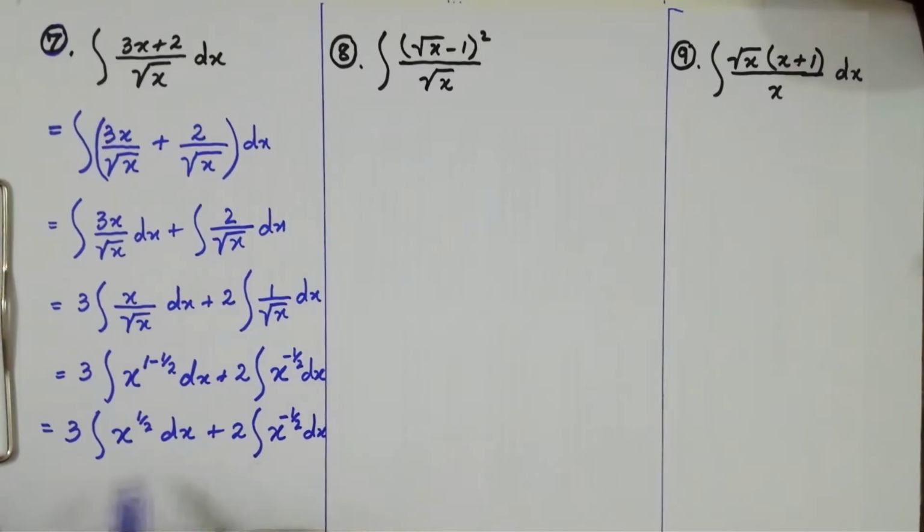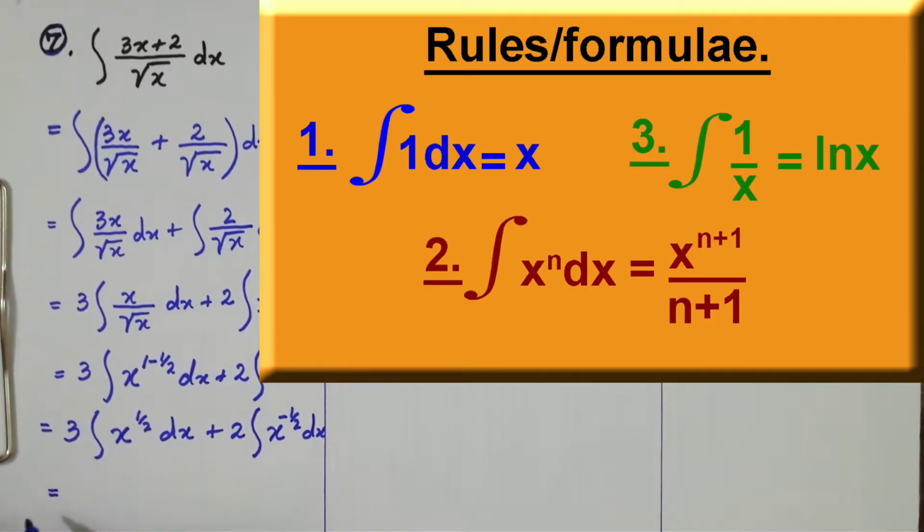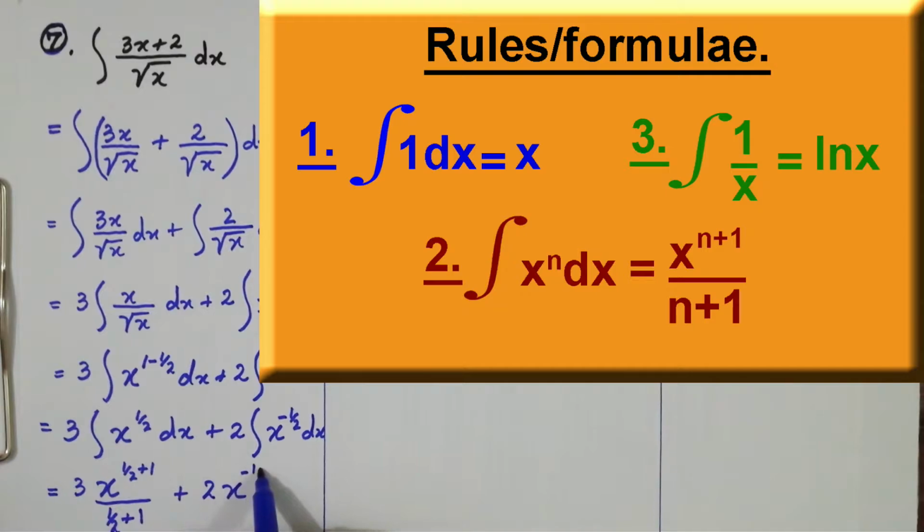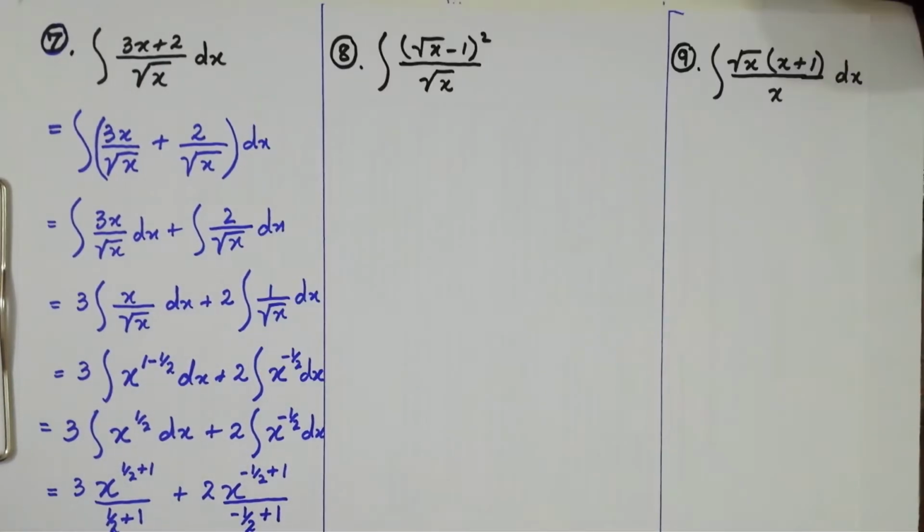Now I am going to take the integration by applying the same rule as previous: you will add 1 to the given power and write the same in the denominator. Same here, you will add plus 1 to the given power and write the same in its denominator.